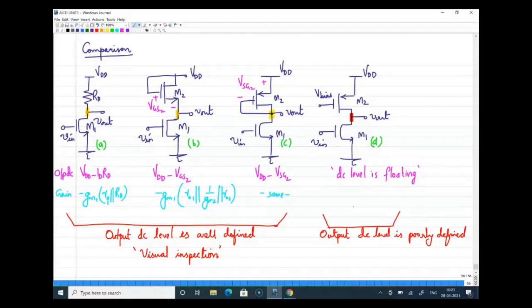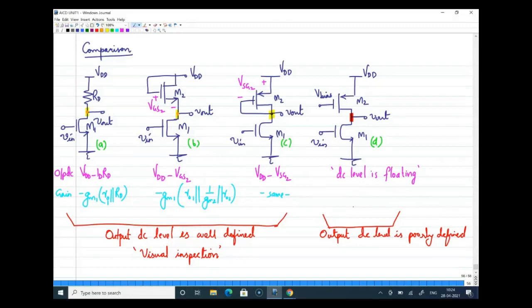So we should fix the output DC level. As a designer, if you want to fix the output DC level, we have to use an external circuitry to fix it. What that circuitry is and how we fix it, we will study a little later. We call it common mode feedback circuits. That will be dealt with a little later.